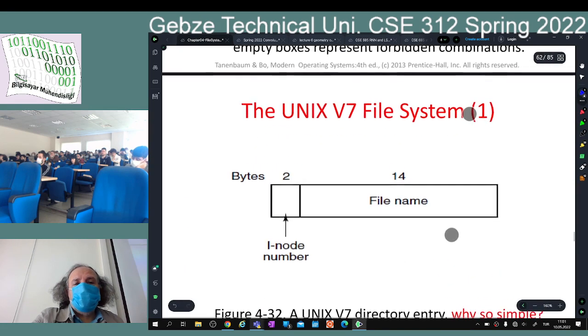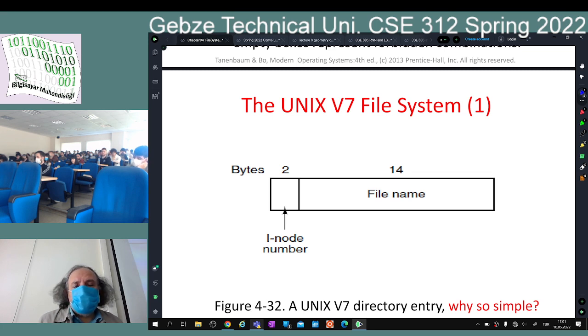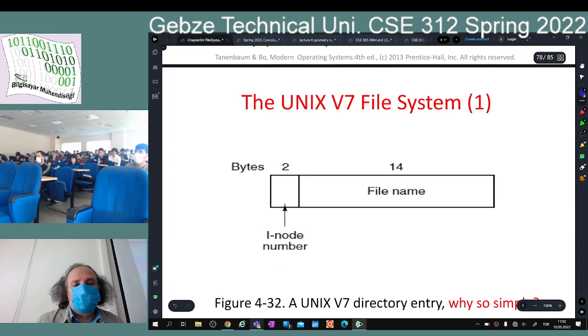The other one is the Unix System 7 (v7) file system. The directory entry for a Unix file system looks like this. It looks funny. The file name is 14 bytes, and then I have the inode number.